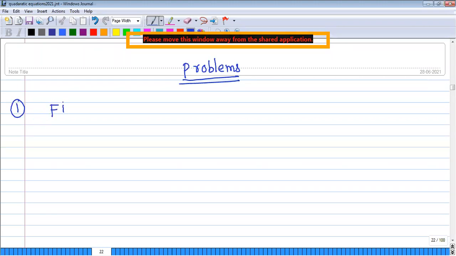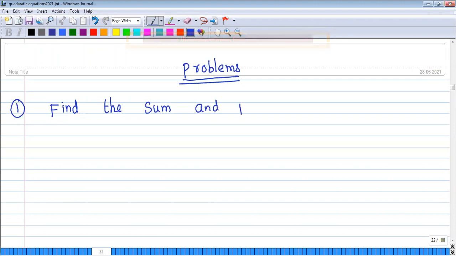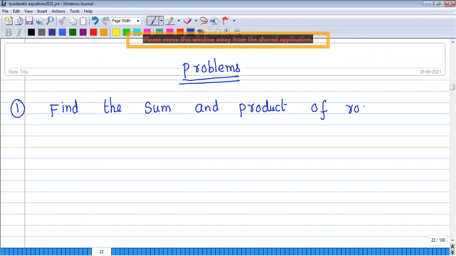Find the sum and product of roots of x square plus 7x plus 12 is equal to 0.